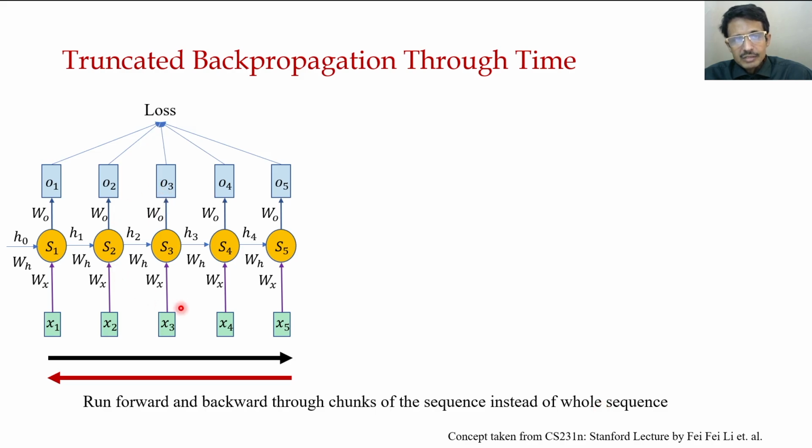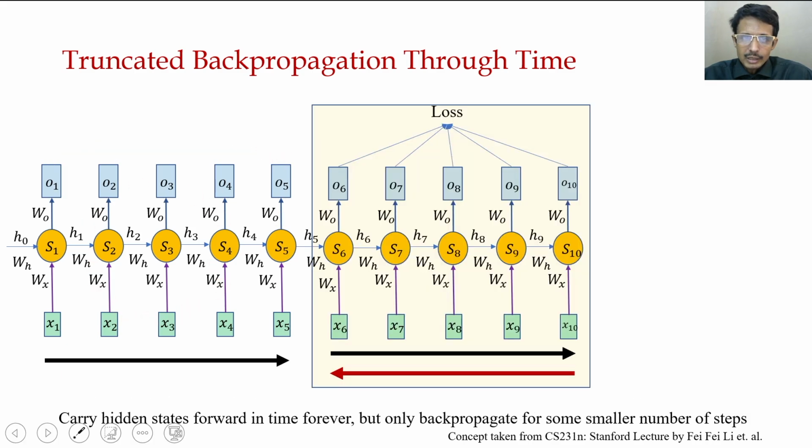This is a very straightforward approach, and it is called truncated. When one chunk has been trained, we go to the next. Here also we can see how a similar thing can be achieved.